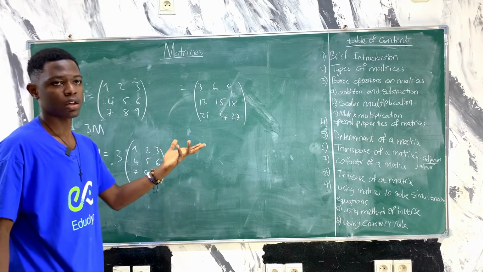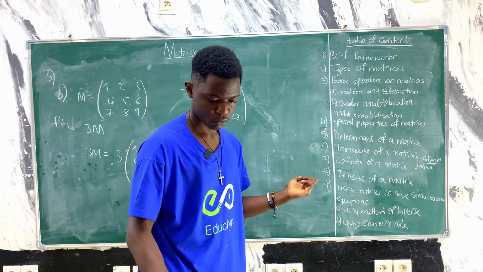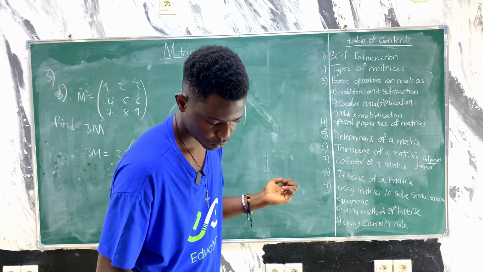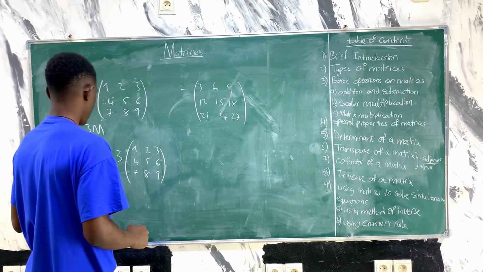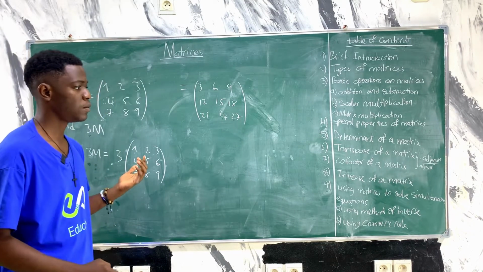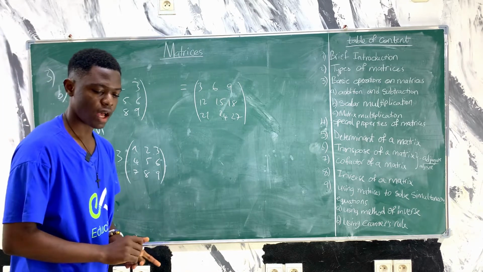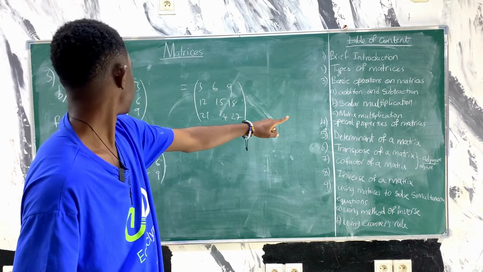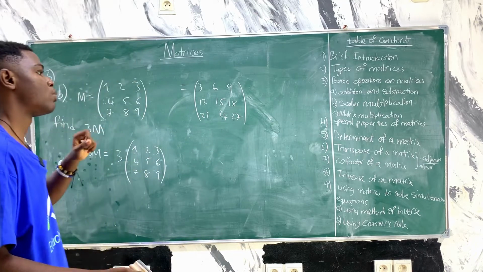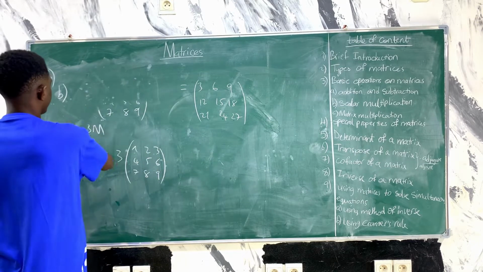That is just your scalar multiplication. It is the same thing if you are multiplying by 4 or by 5, as easy as that. So that is it for scalar multiplication. Let's do matrix multiplication.